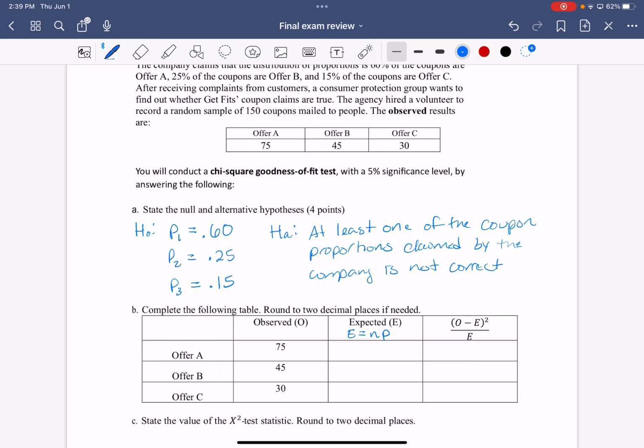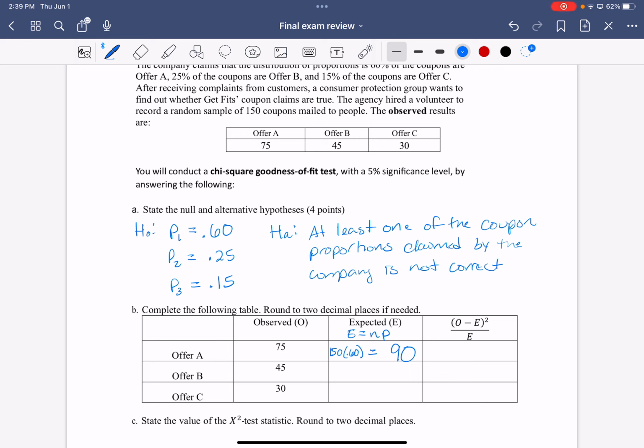If you look on the third formula sheet, in case you forgot, expected right here, E equals N times P. What it's telling you to do is to take your sample size and multiply it by each corresponding proportion. So this is 150 times, for coupon A, 0.60, which gives you 90.